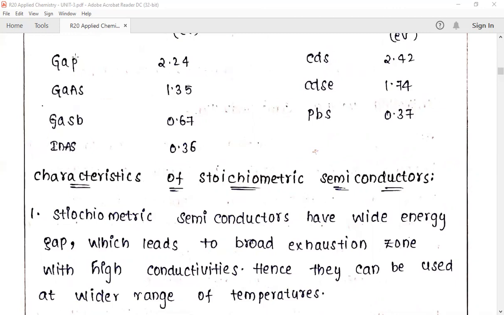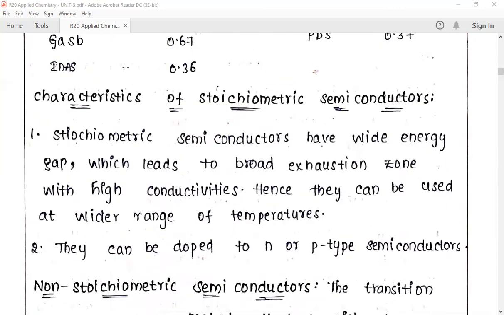That we have to remember: the substitution should be from the same group, not from a different group. And they can be doped to N-type or P-type semiconductors.